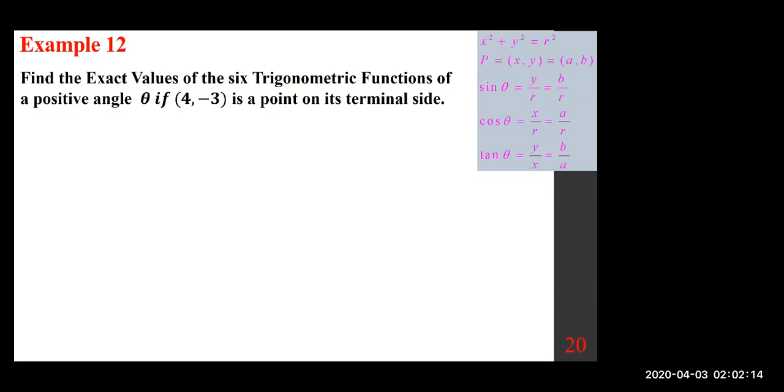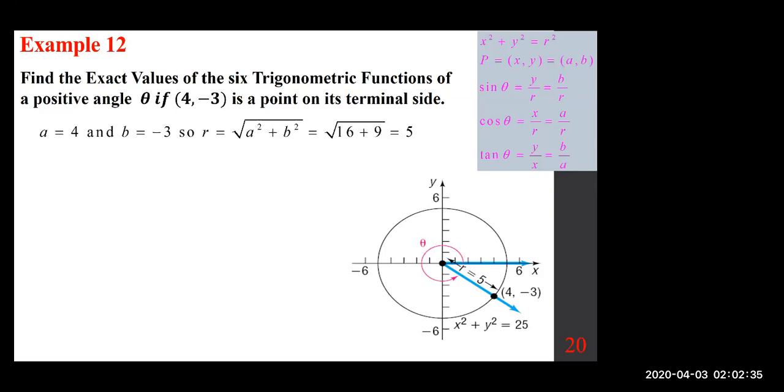If x is positive, so is cosine. If cosine is positive, the reciprocal of that, 1 over cosine, which means secant, is positive. So the very first thing, we calculate the r, giving us this situation.